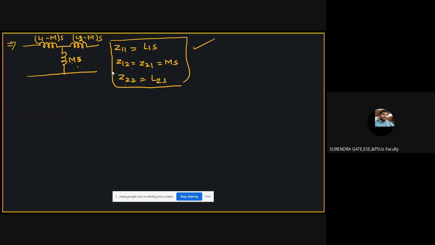These are the different models we can expect based on two-port networks. Are you ready to answer? See, for example, if a question is asked like this, one example: find the T parameters of the network shown in figure.